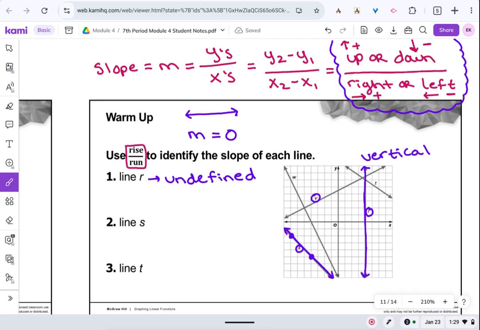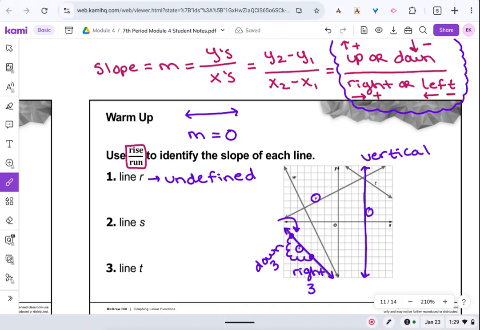Now, using our pattern up above, we're going from one point to another. Now, if I choose to start here at this point, and I want to get to my other point, the direction I would first need to go would be down 1, 2, 3 boxes. So for line S, we're going down 3 boxes in order to get closer to that next point. From here, we're going to go right 1, 2, 3 boxes, okay?